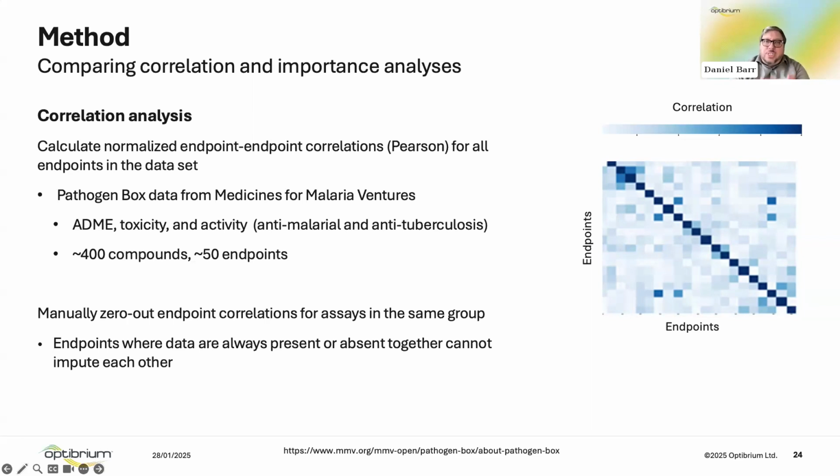Anytime the endpoints are measured together, we don't want our deep learning method to try to impute two endpoints that are run as part of the same experiment. So to ensure that our results are comparable, we've manually zeroed out those correlations for the assays that have been identified as being in the same endpoint group in our deep learning imputation.